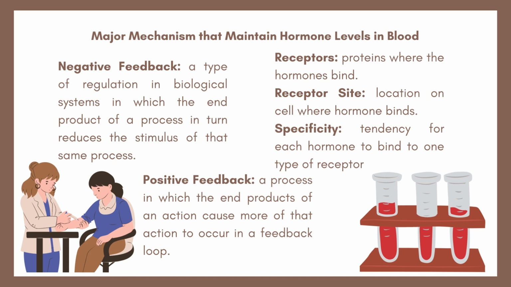This will continue to happen as long as your thermostat is set to 75 degrees. The endocrine system works similarly to the thermostat, but with our hormones. The 75 degrees represents our body's preferred levels of different hormones.